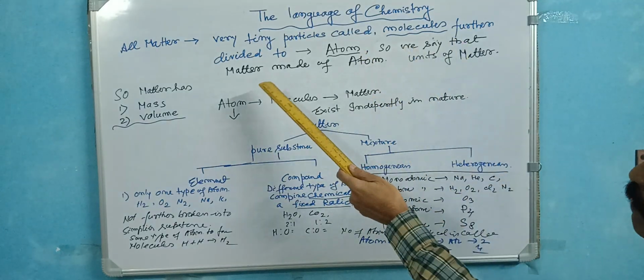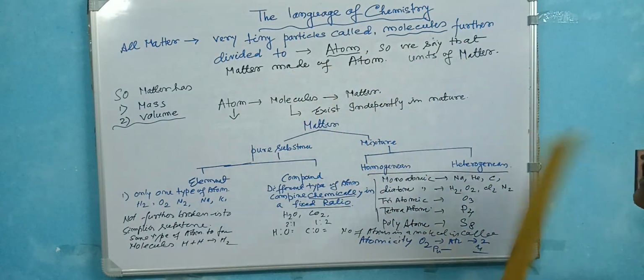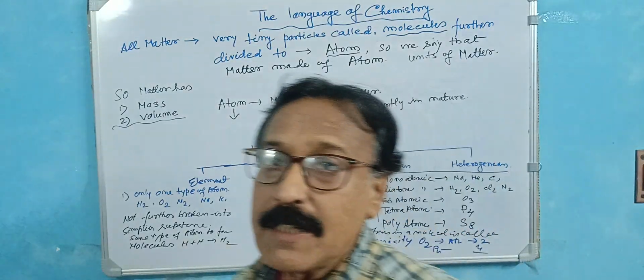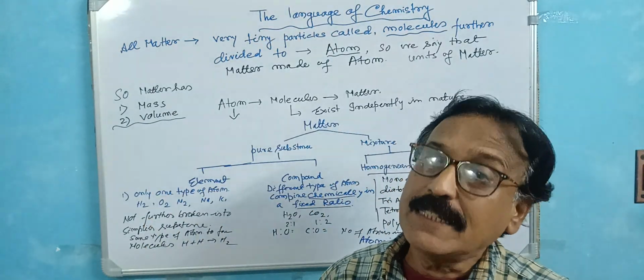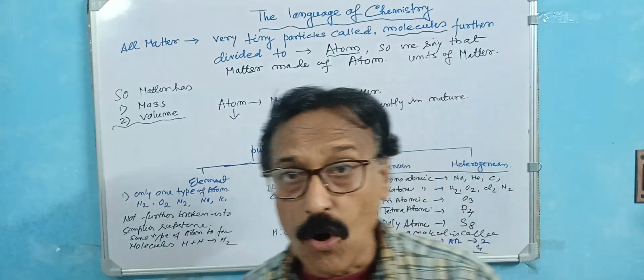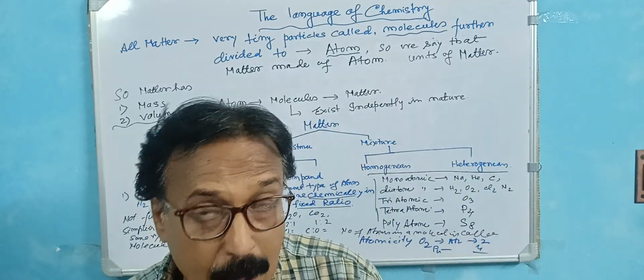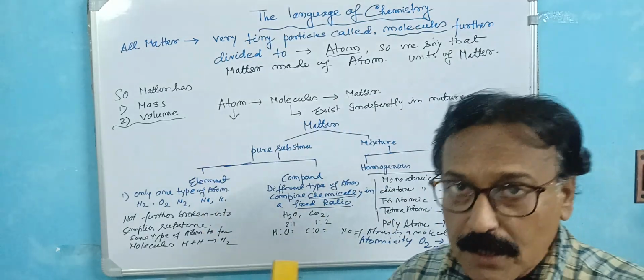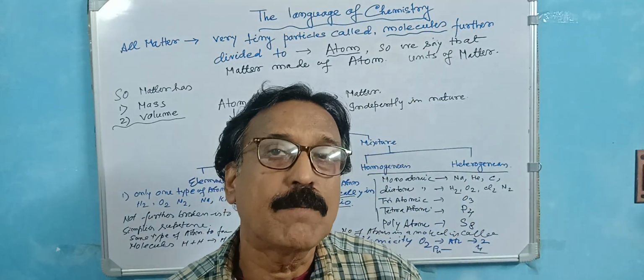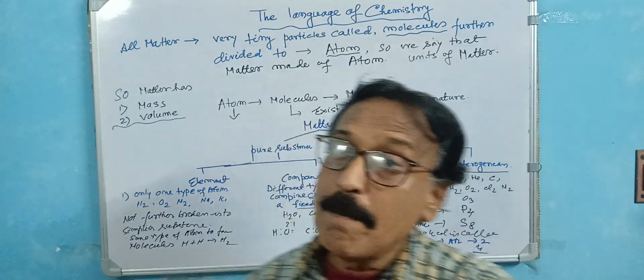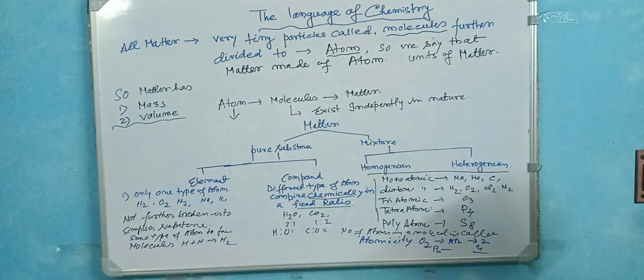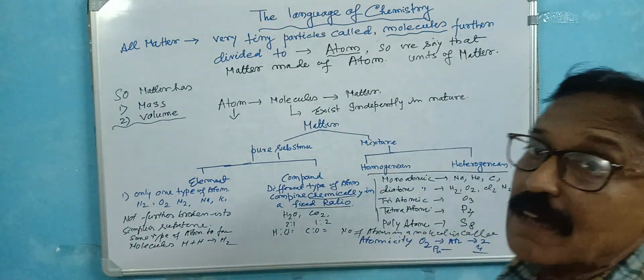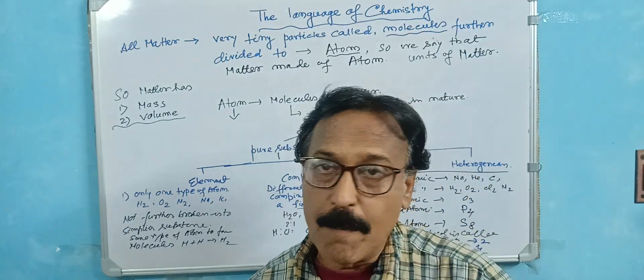So we say that the atom is the ultimate unit of matter. Suppose an example: what is the unit of the big building? We call it the one brick. Combining lakhs of bricks, we form a building. So in case of a combination of lakhs of atoms, we form a matter. Okay, clear? So the atom is the ultimate thing. The atom is the unit of matter.